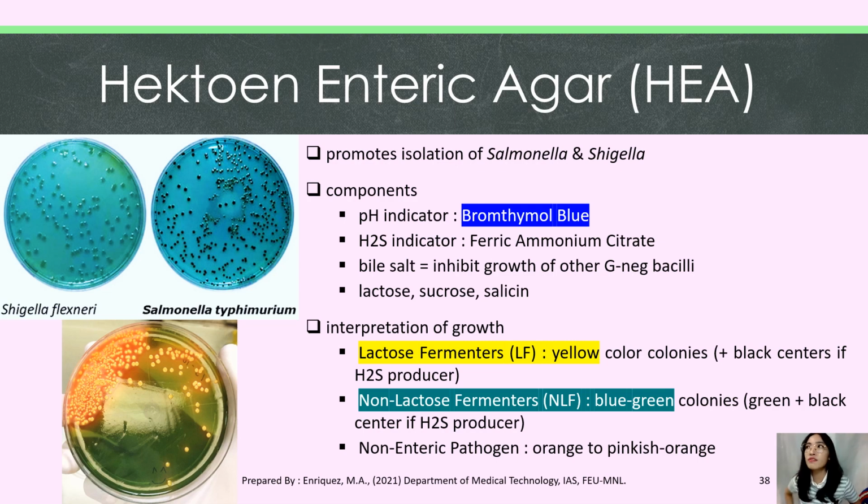Then depending on whether they produce hydrogen sulfide, we would see that they have black centers. Meanwhile, non-enteric pathogens will produce orange or pinkish orange colonies, just like these ones right here. So again, these are for non-enteric pathogens.